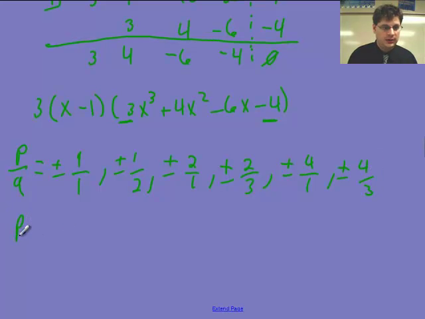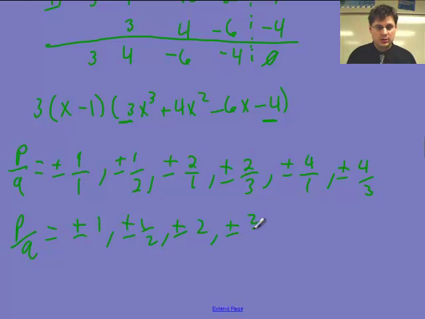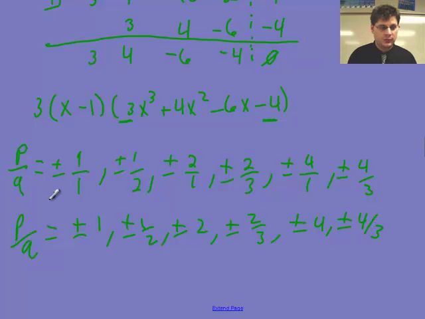So when we simplify those, it's going to be plus or minus 1, plus or minus 1/2, plus or minus 2, plus or minus 2/3, plus or minus 4, and plus or minus 4/3.